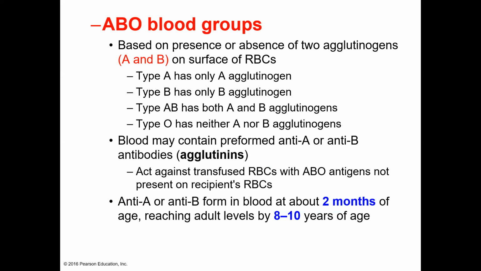So we name these proteins protein A and protein B. People who have protein A on the surface of red blood cells, we call them blood group A. Those who don't have it have another protein that we found is different, we call it B.